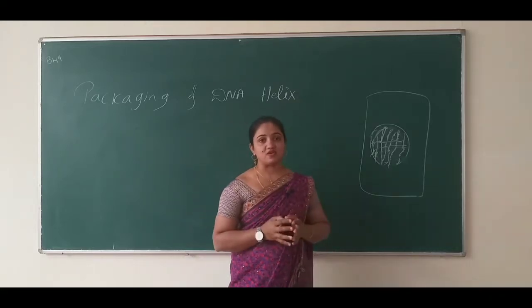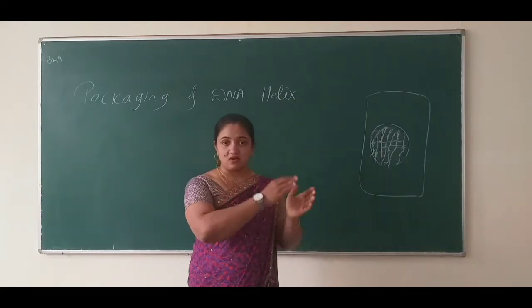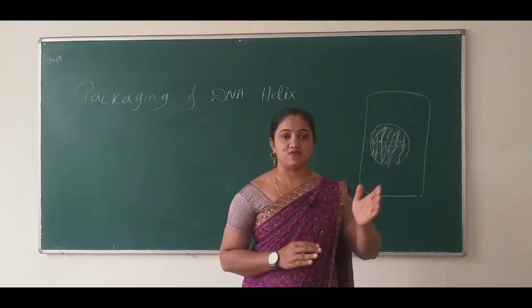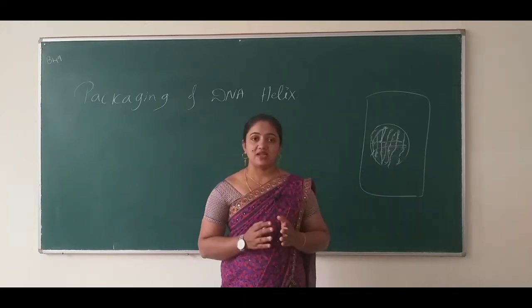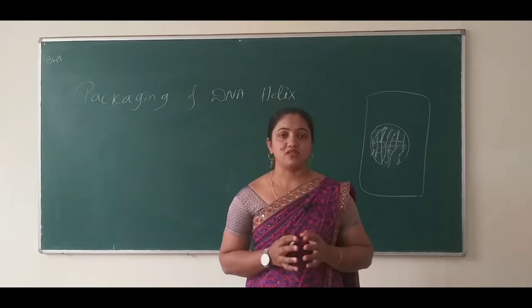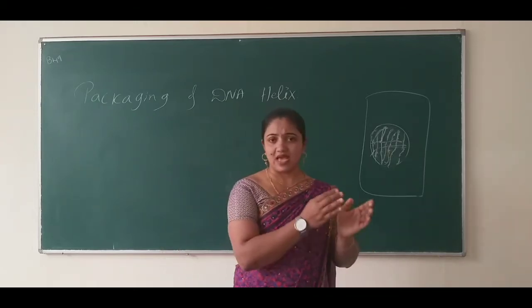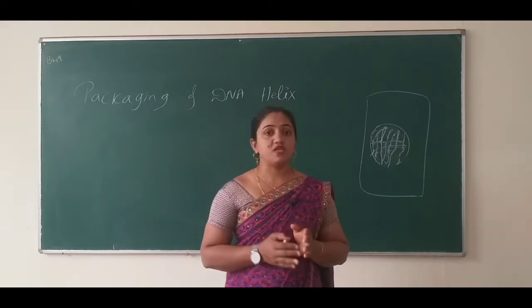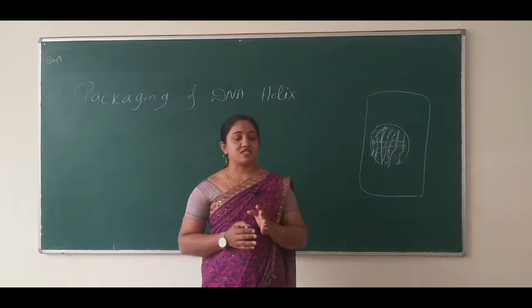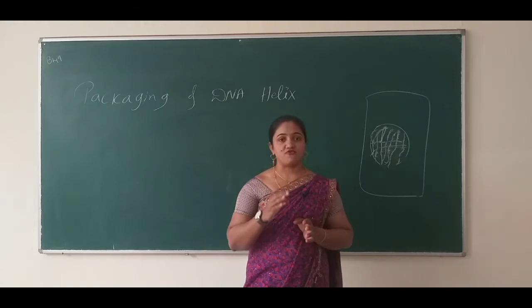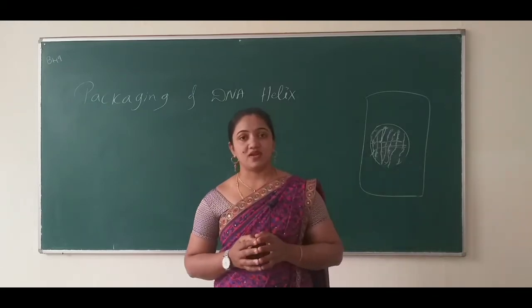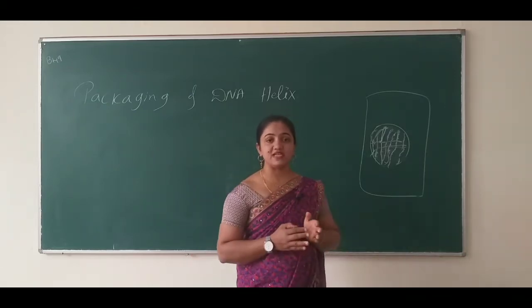All those we studied with three examples. I told you one more example, related to the human genome. In the haploid human genome, how many base pairs were there? There were 3.3 into 10 to the power of 9, like 3 billion base pairs.